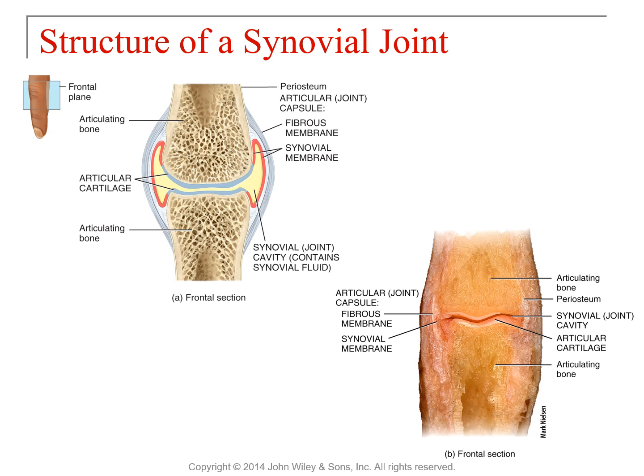Superficial to the synovial membrane is a fibrous membrane. So this is dense connective tissue that surrounds the synovial membrane and inserts into the periosteum of the articulating bones. Together, the fibrous membrane and the deeper synovial membrane make up the articular or joint capsule and limits the space between the bones.